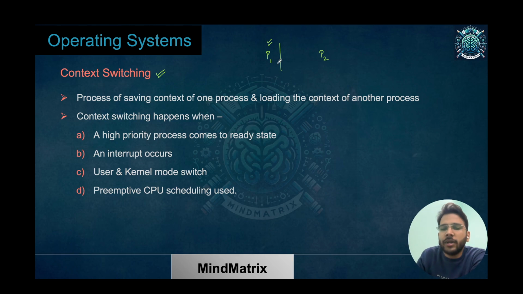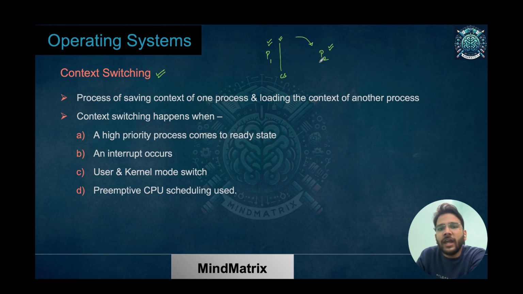Preemption means we are taking the control, or the CPU, back from P1, and we are giving it to P2 so that P2 can execute. Okay, that is preemption.